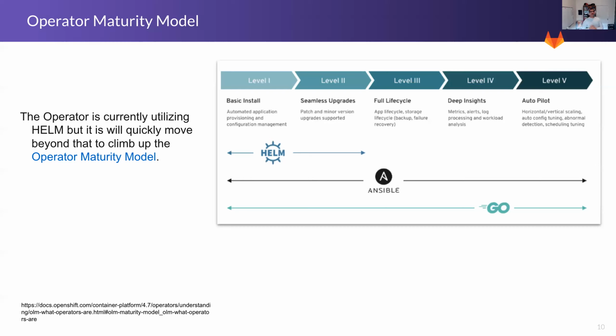Last one, autopilot. As GitLab operator, I can scale horizontally and vertically by adding more pods or even more Kubernetes nodes to scale my deployment as per the workload, as per the thresholds defined in my deployment, right?